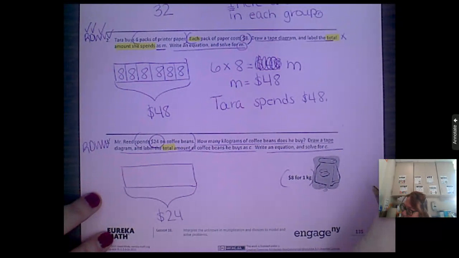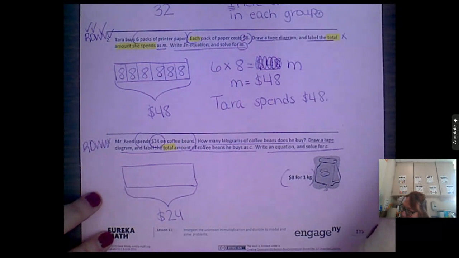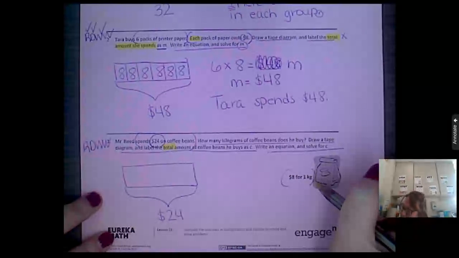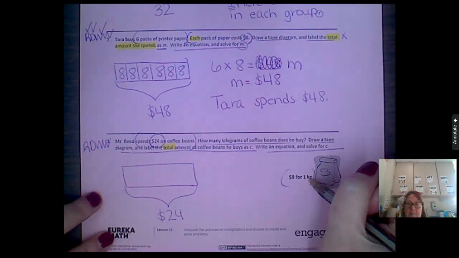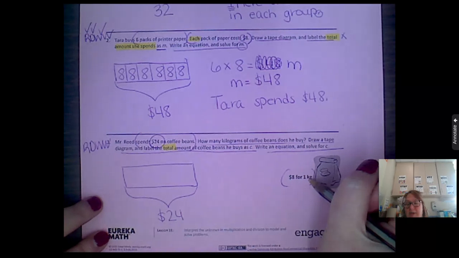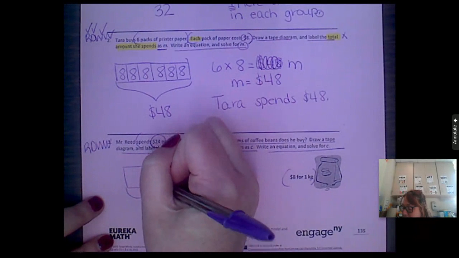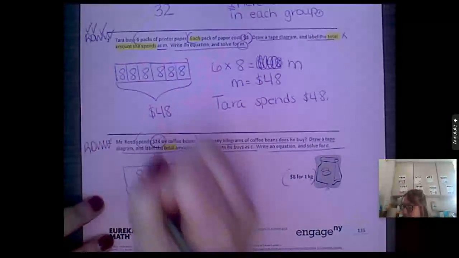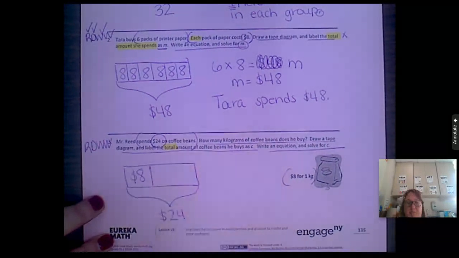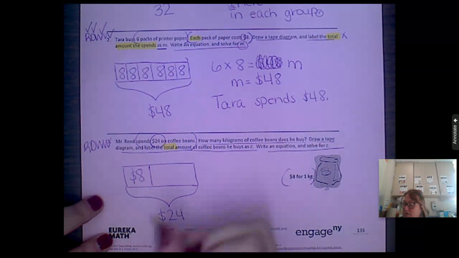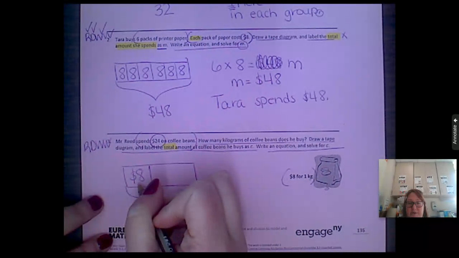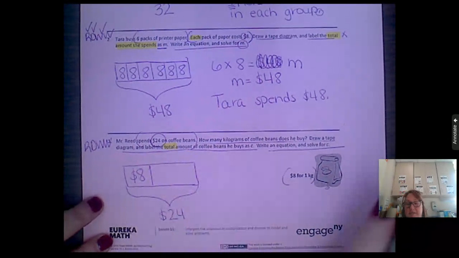And I know that it's $8 for 1 kilogram of coffee beans. Okay. So would there be 8 groups or would there be 8 in each group? 8 in each group, right? So I'm going to make a group and I'm going to put 8 in the group. And I know it's dollars, so I can put a dollar sign in front of it. So I know the total. I knew that there was 8 in each group. So what kind of a number sentence would I be writing?